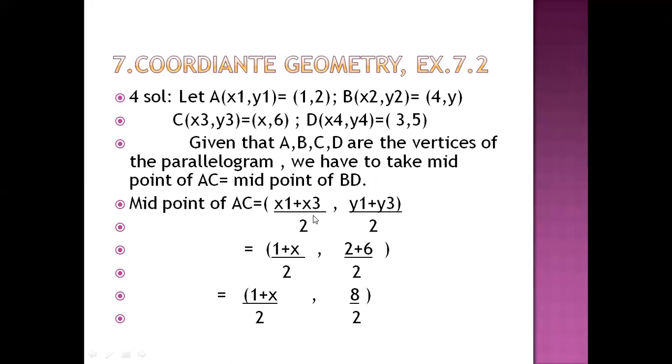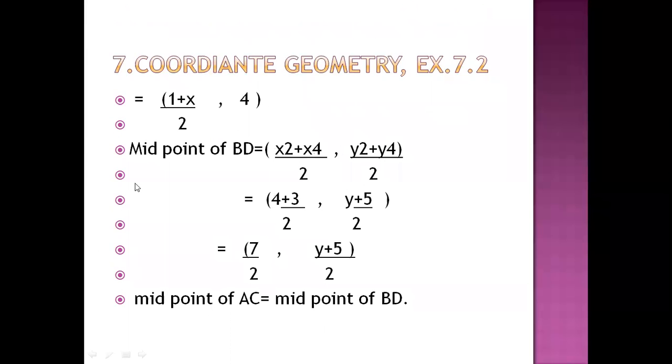This is (x1 plus x3) by 2, comma (y1 plus y3) by 2. x1 is 1 plus x3 is x, so (1 plus x) by 2, comma y1 is 2 and y3 is 6, (2 plus 6) by 2. 2 plus 6 is 8, 8 by 2 is 4. So it is (1 plus x) by 2, comma 4. Leave it like that.